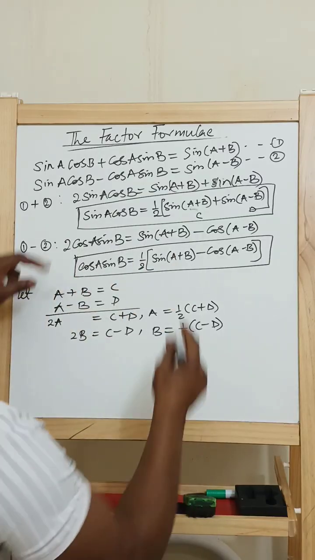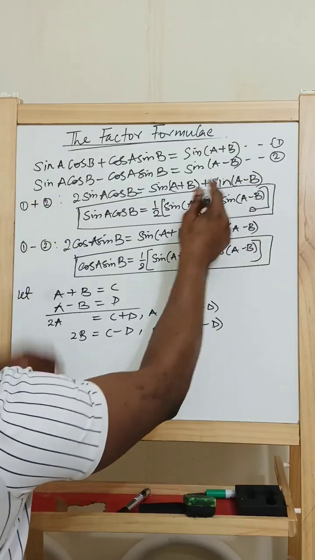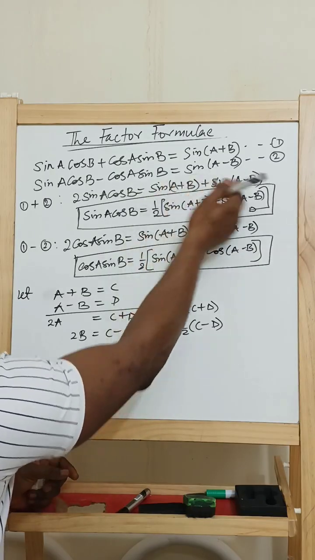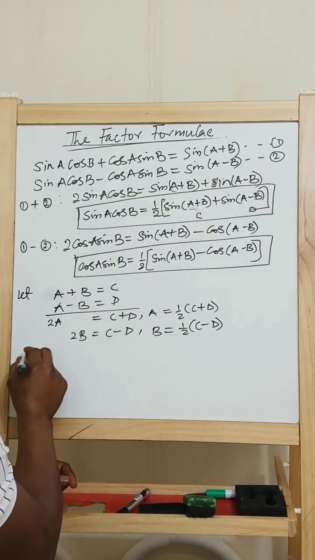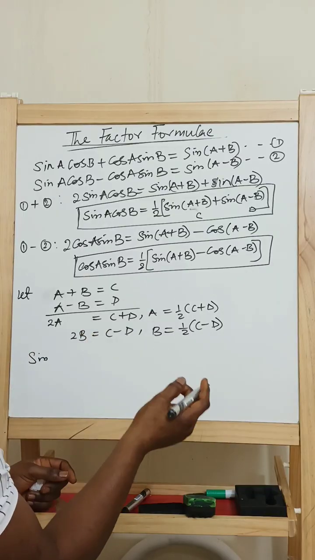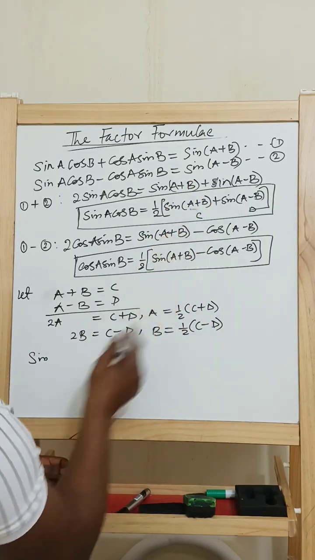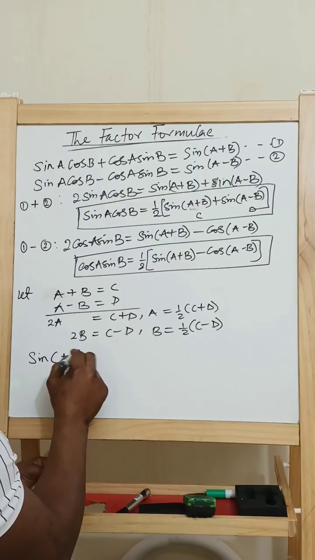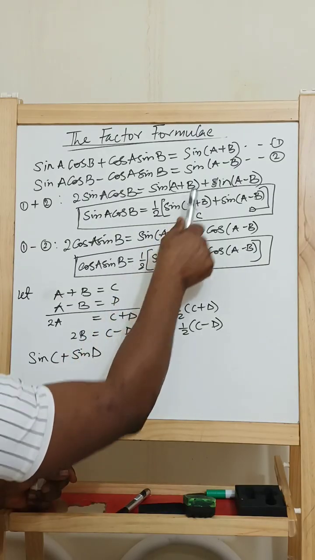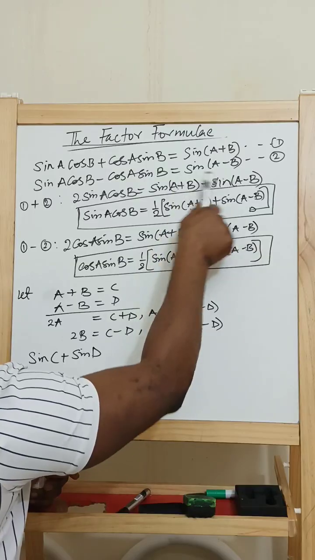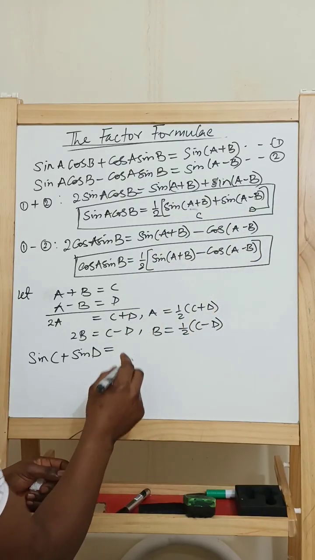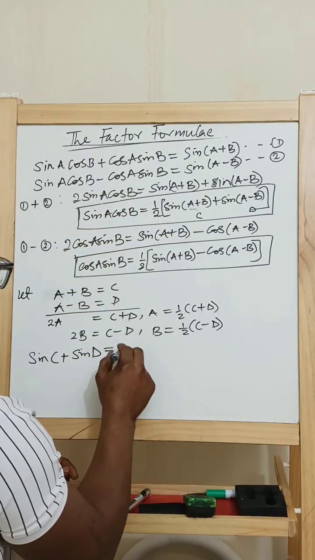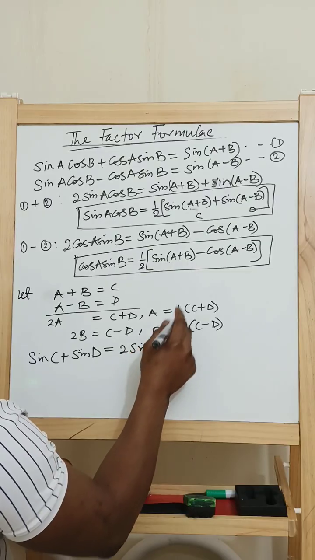So it means we can convert from addition back to product. Let's take the first one here, which is equal to this. Sine A plus B, with A plus B now written as C, so that will be sine C plus sine D, is equal to 2 sine A cos B. So that will be 2 sine, what is A?